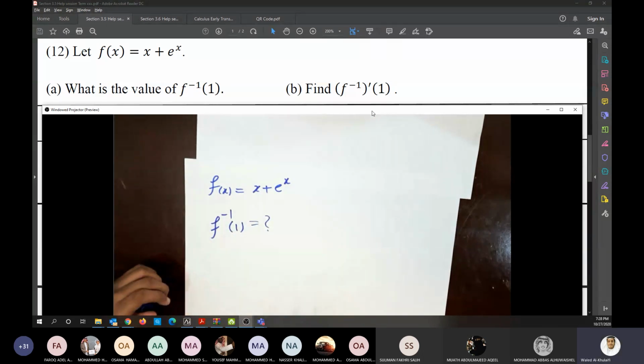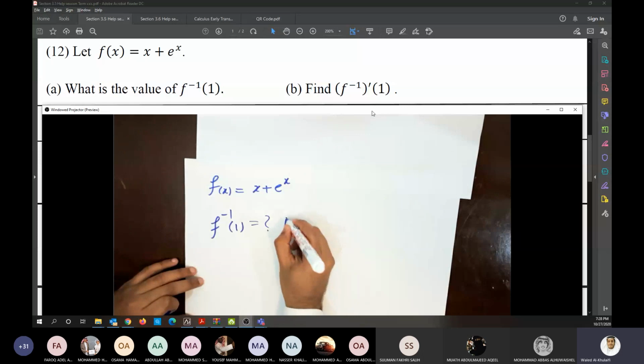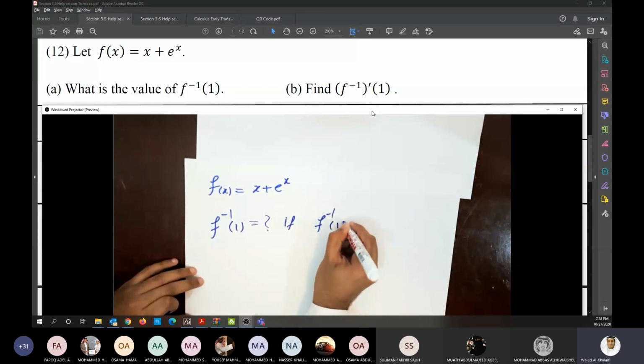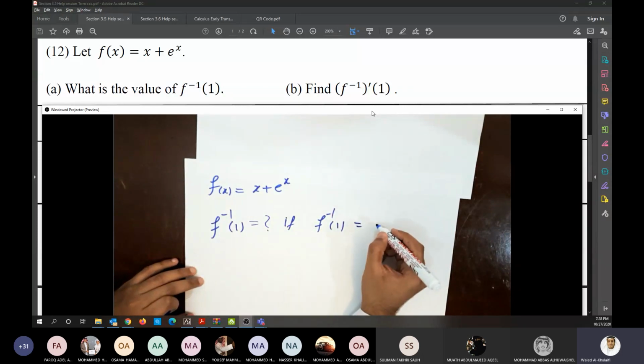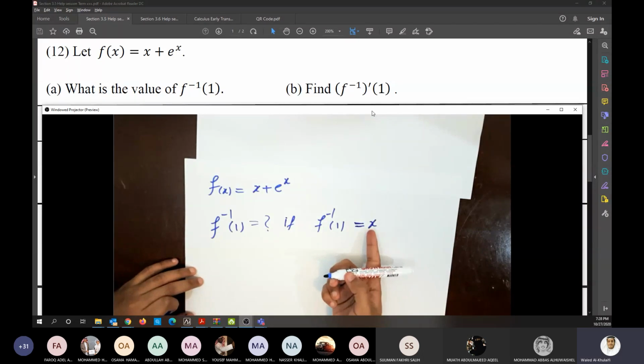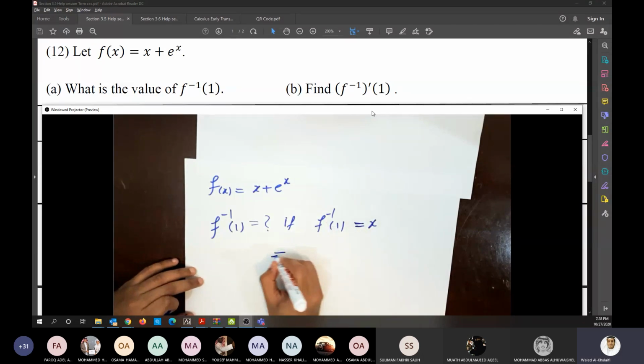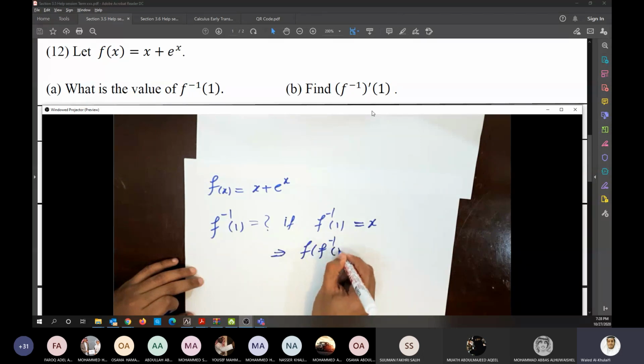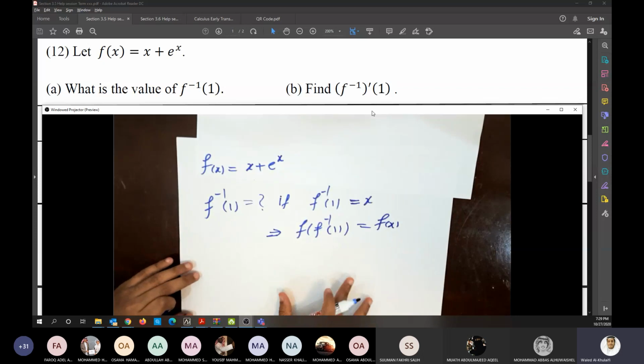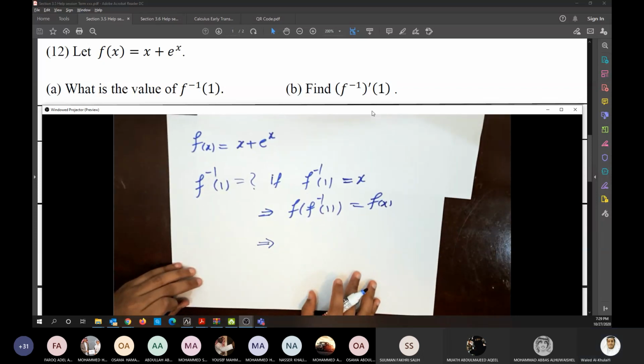Is equal to 1. Well, if f inverse of 1 equals x, meaning there is a number that is equal to this one, then it implies that if you take f of both sides, guys, what will happen? f and f inverse cancel.